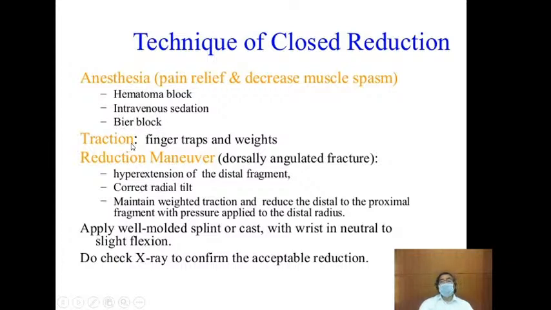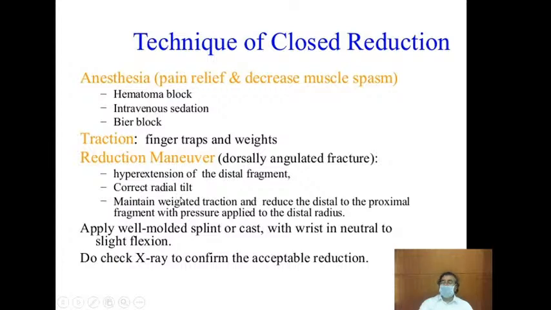And you all know that there should be a traction and counter traction to reduce the fractures. And how you go about reduction, you need to hyperextend the distal fragment because it is dorsally displaced. Once you hyperextend, it will be free and you can put it back in its normal position.